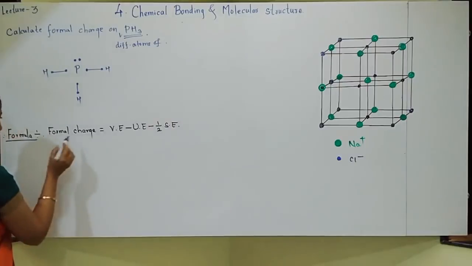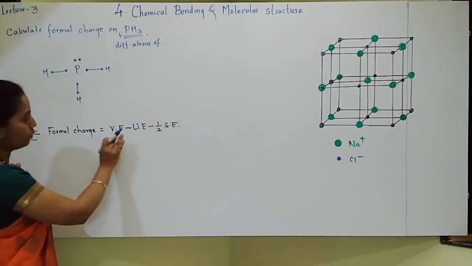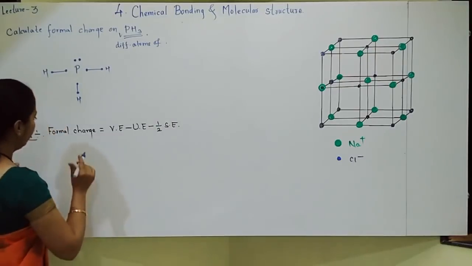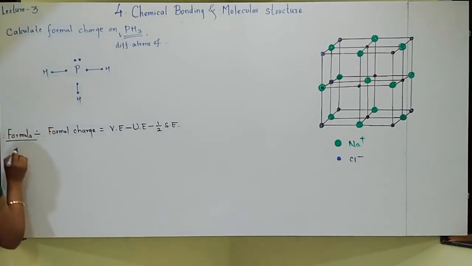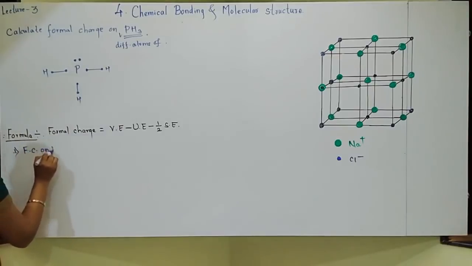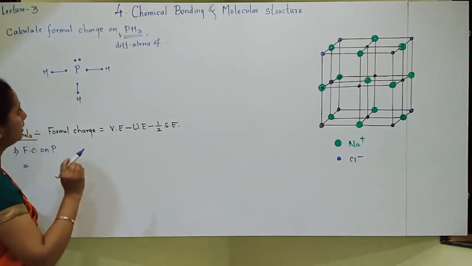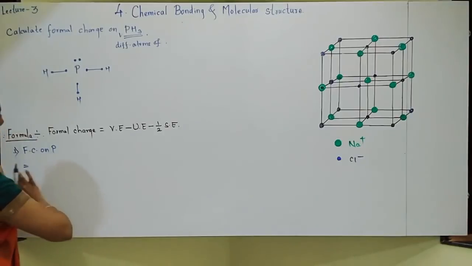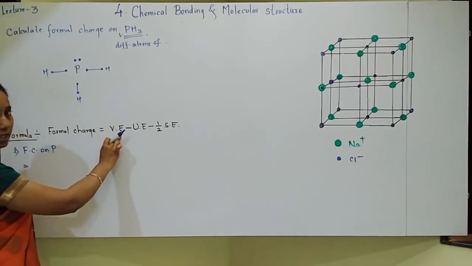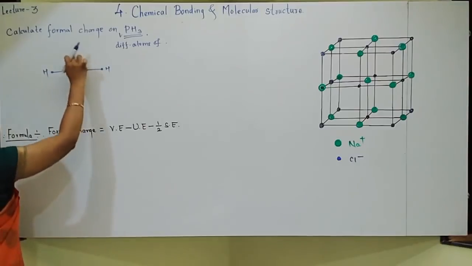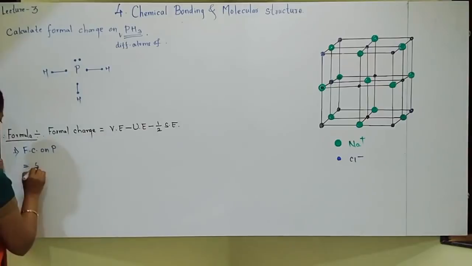See here, the formula is the same. Formal charge is equal to V minus UE minus half SE. Let us calculate first. Formal charge on phosphorus is equal to, students, you should see the structure and understand. V, valence electrons, are how many? I am calculating the formal charge on phosphorus. Valence electrons are 5.